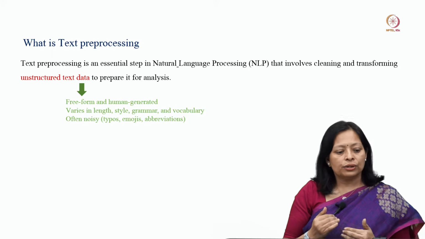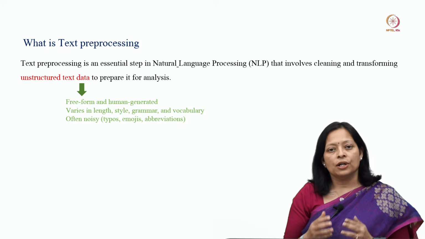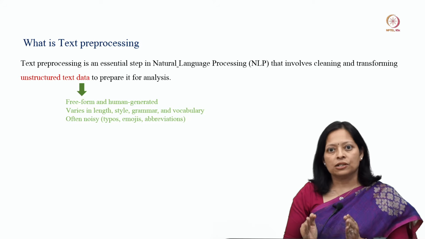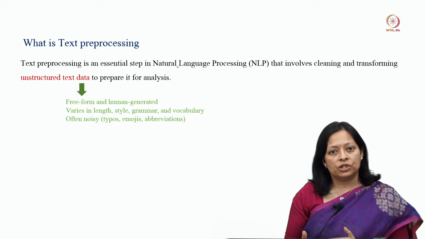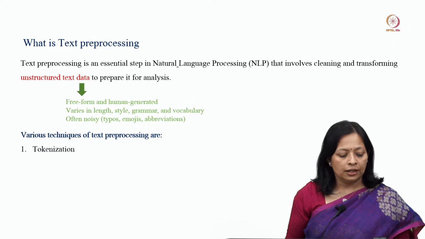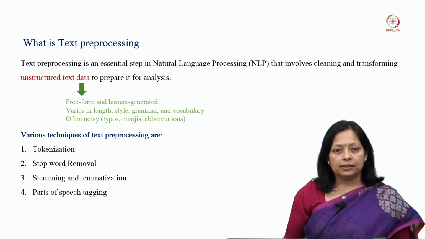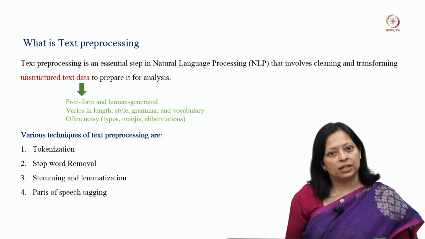This unstructured data requires cleaning and transformation so that it can be processed to a state where the machine will understand. Now, various techniques of text preprocessing are tokenization, stop word removal, stemming and lemmatization, parts of speech tagging. So these are the 4 techniques that we will be speaking about today.